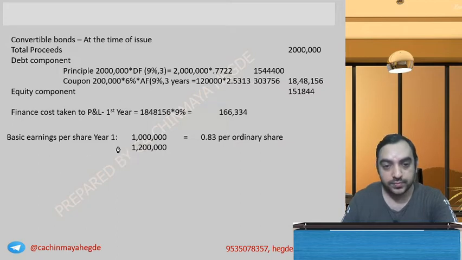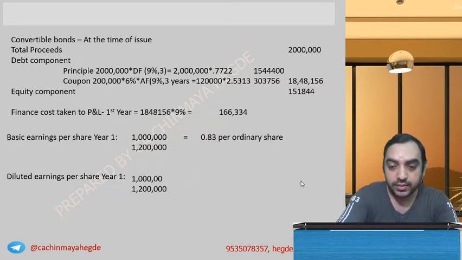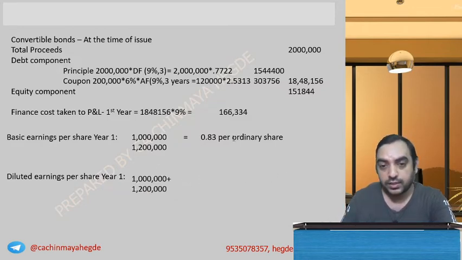Diluted earnings: the 10 lakh that we have, we will increase by this profit. Again, tax they said to ignore, otherwise I would have done into 1 minus t also. Divided by how many shares are issuable?